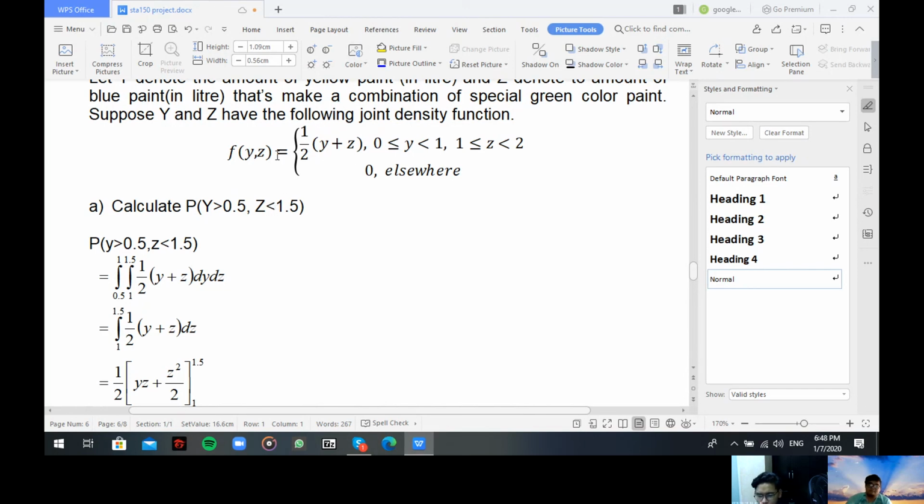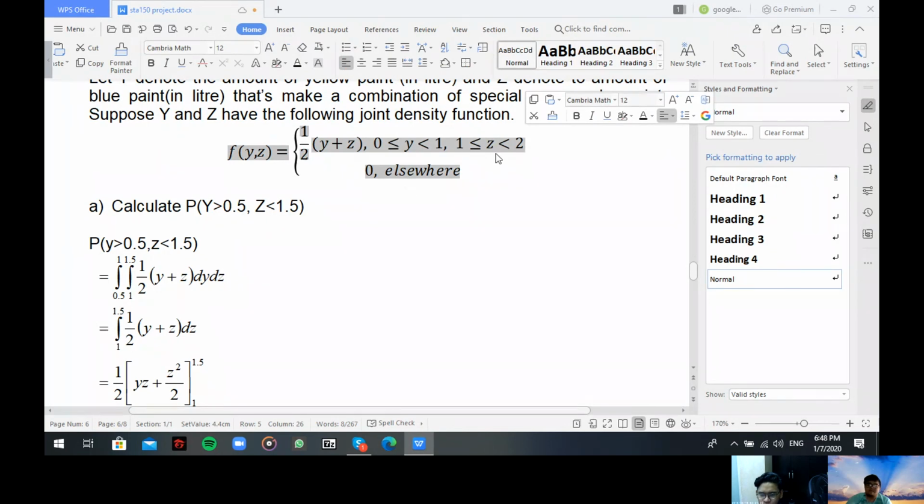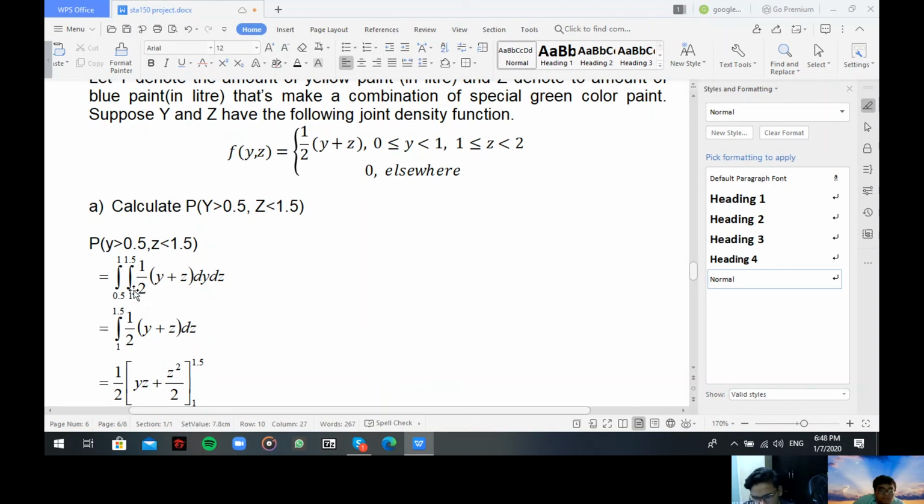So we use the same f(y,z), but we change the Y and the Z. So you need to use double integration. For Y, you need to use more than 0.5.